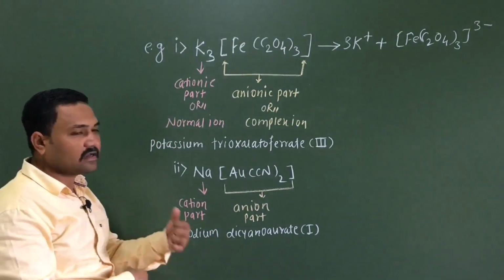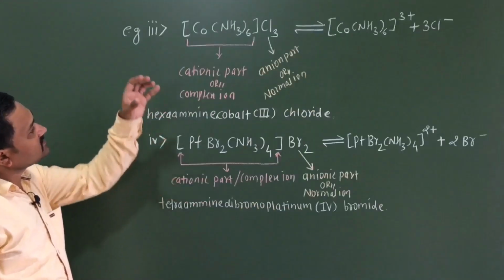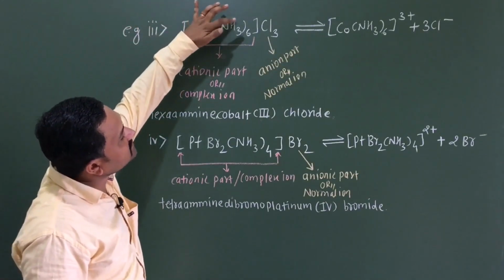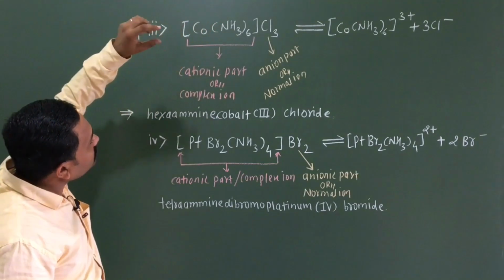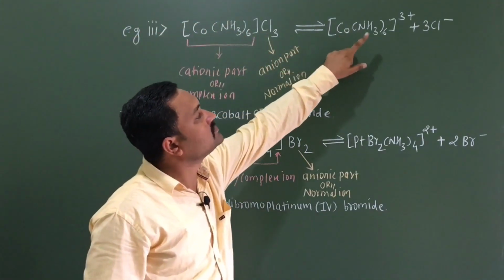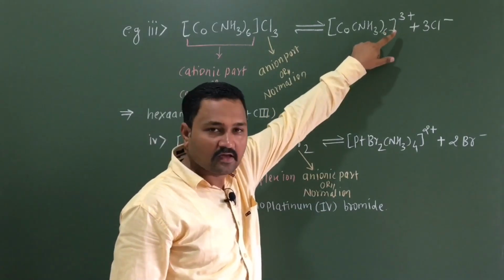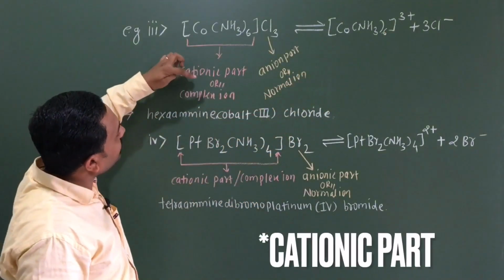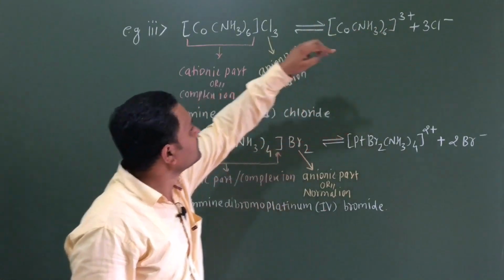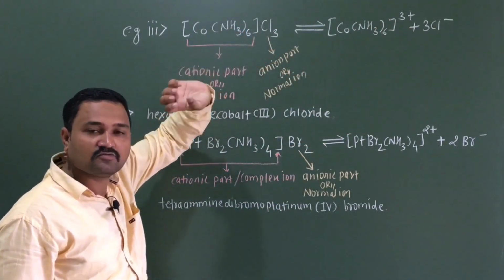Now let us consider a few more examples regarding this one. Let us consider the third example, that is [Co(NH3)6]Cl3. We know that this complex when dissociated will give [Co(NH3)6]3+, which will be the cationic part, the complex ion, and the 3Cl- is the anionic part, or the normal ion.